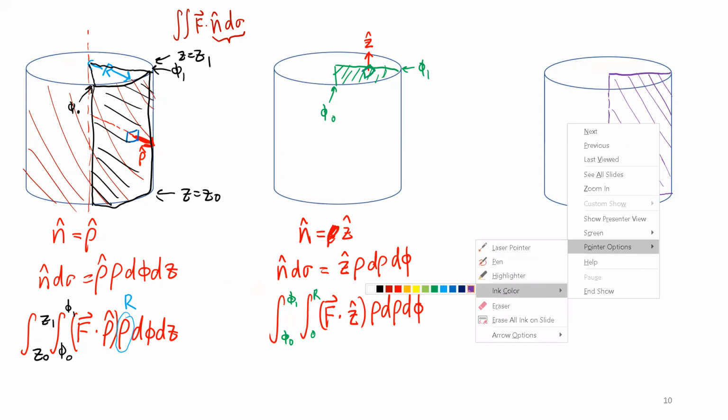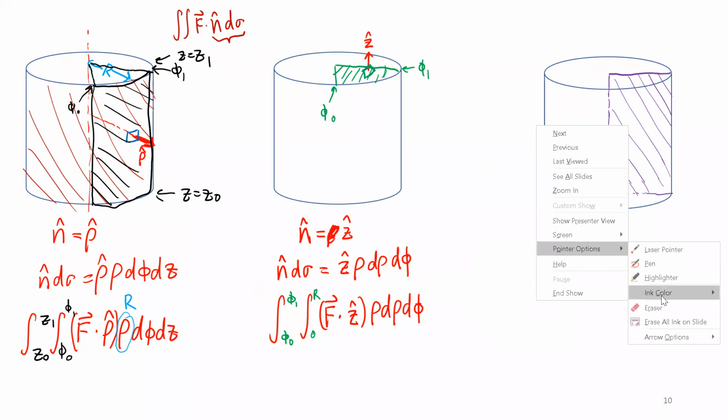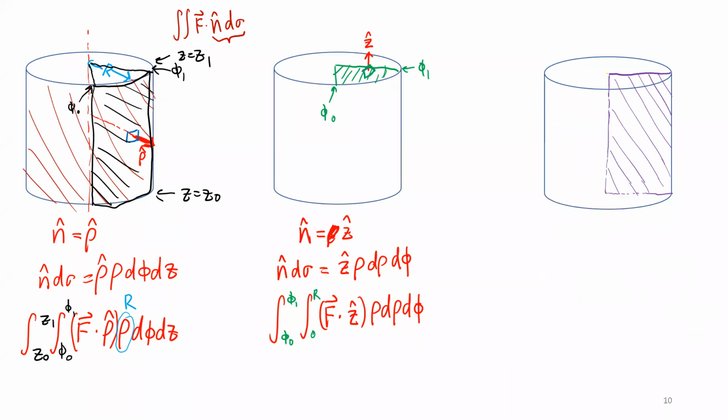Of course, if I take another plane, let's say if I take this plane instead, then at this time my normal vector will be kind of pointing to the right.